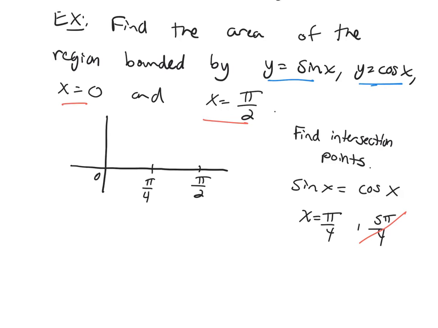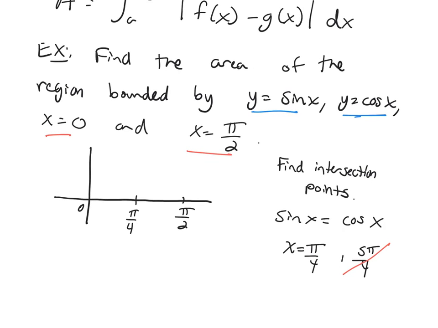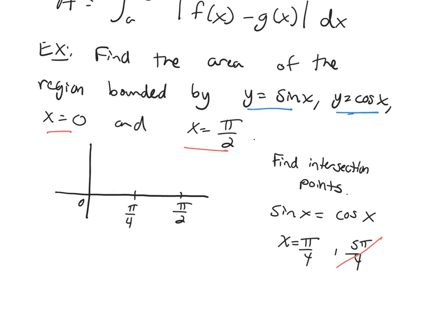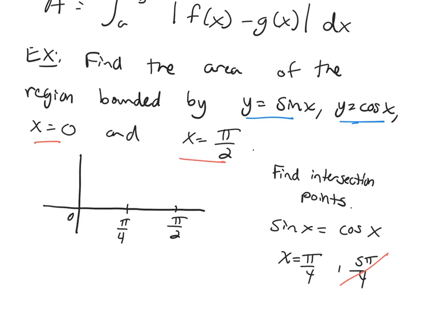Sine starts off at the origin. At pi over 4, it's square root of 2 over 2. At pi over 2, it's 1. So it looks like this.